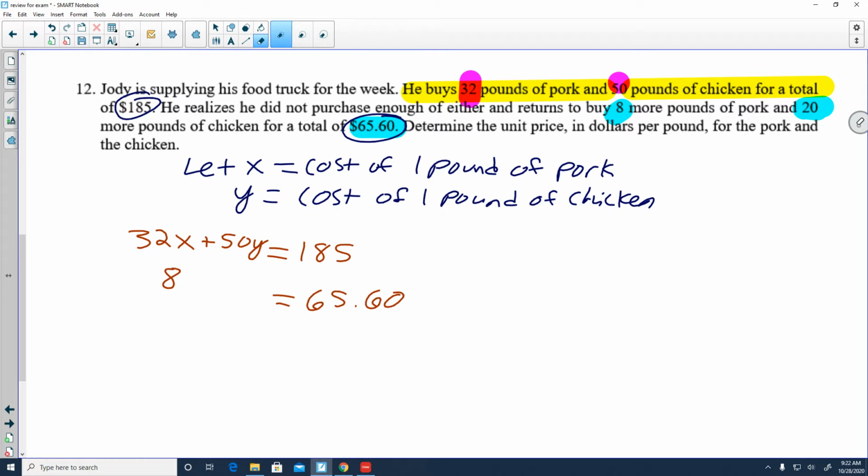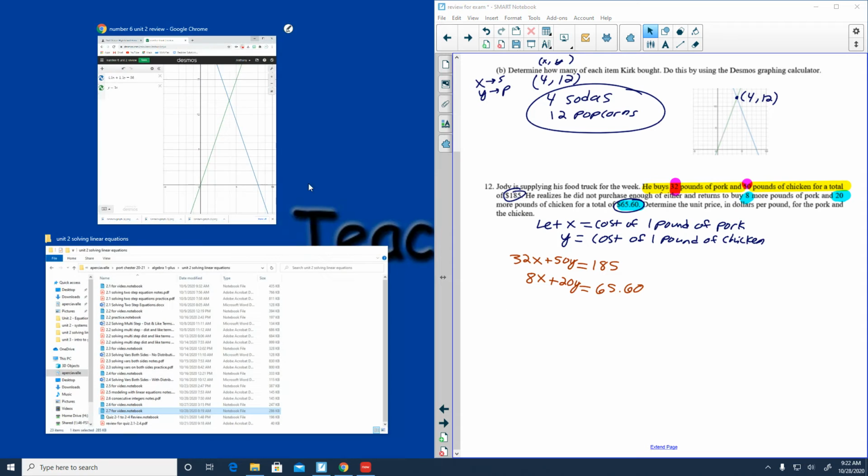That 8x just means the amount of money he spends on pork if it's costing him x dollars. He's buying 20 pounds of chicken, so that's going to be represented by 20y. Okay, so now we're just going to type these 2 equations into Desmos and see what we get.